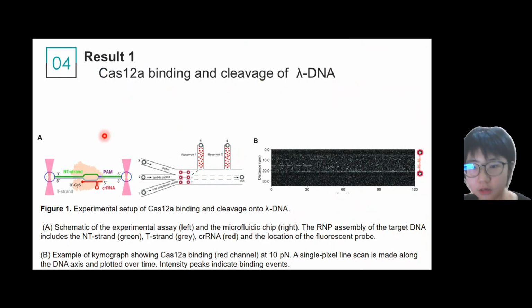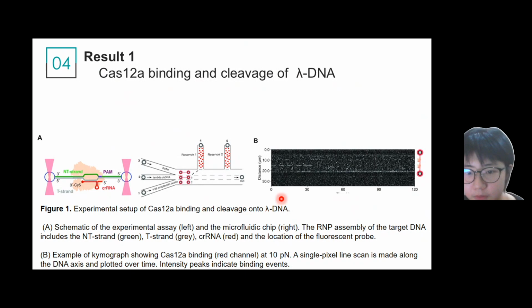Figure 1 is a combination of optical tweezers with confocal fluorescence microscopy and microfluidics, in which the non-target strand is green, the target strand is gray, and the CRISPR RNA is red.